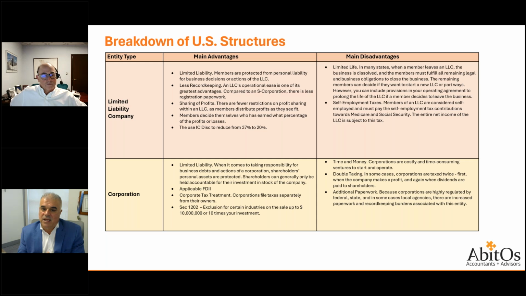One of the ways that we utilize a limited liability company, and I make reference here to the use of an IC-DISC, is this. Imagine that we have a limited liability company that imports from, let's say, Spain, a certain product into the United States, and that product is a composition of more than 51% brought together, meaning you could send wine.